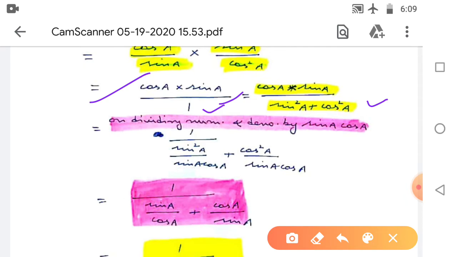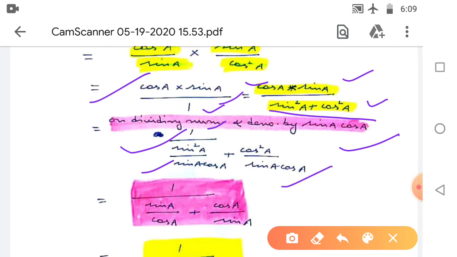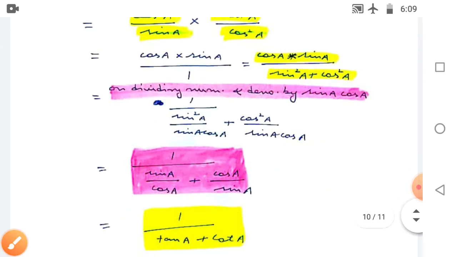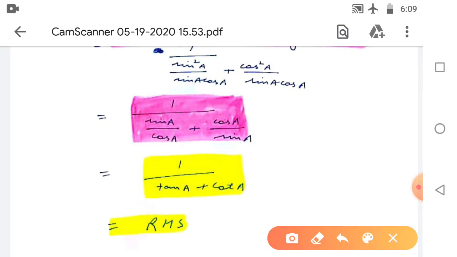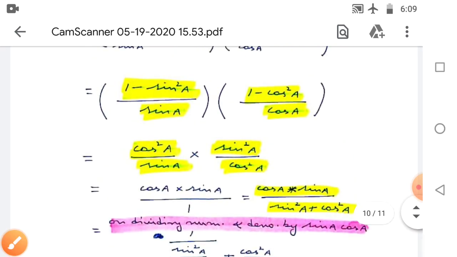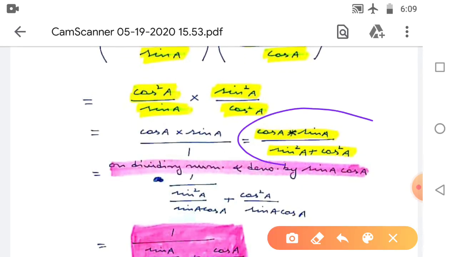Now, divide numerator and denominator by sin A cos A. When you divide the numerator by sin A cos A, it becomes 1. And when you divide the denominator by sin A cos A, it becomes sin square A upon sin A cos A plus cos square A upon sin A cos A, and this is cancelled, and finally we get in the denominator 1 upon tan A plus cot A. Okay, this is an important step here. Clear? Because we get cos A into sin A.